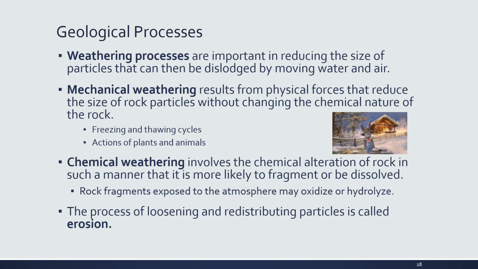So when we look at how soil forms, all soil forms from rock. And if you take geology, you're going to learn all sorts of different types of rocks or minerals that soils can form from. And each type of mineral or rock component can produce a different type of soil.